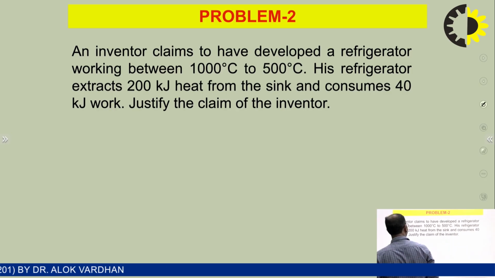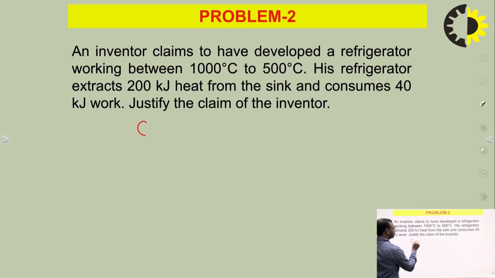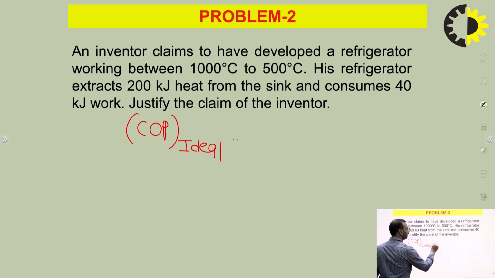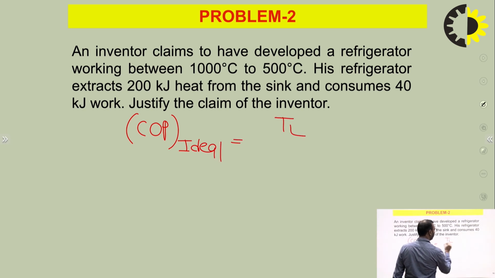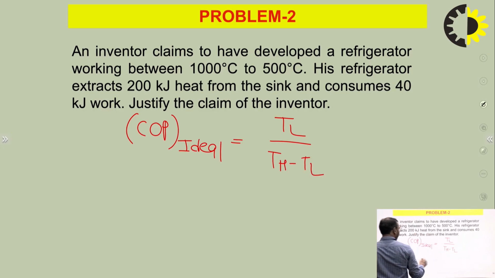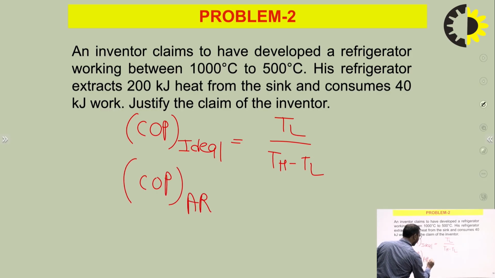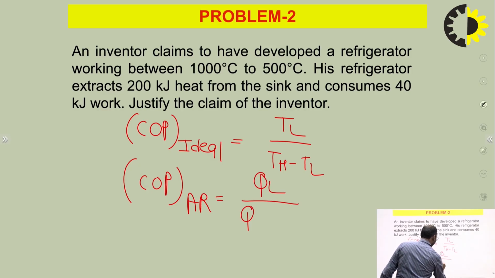First of all, we will calculate COP, coefficient of performance in ideal condition, by using this formula, T lower upon T higher minus T lower. Further, we will calculate COP of this actual refrigerator by using this formula, QL upon Q higher minus Q lower.